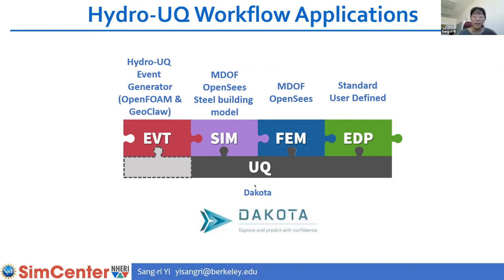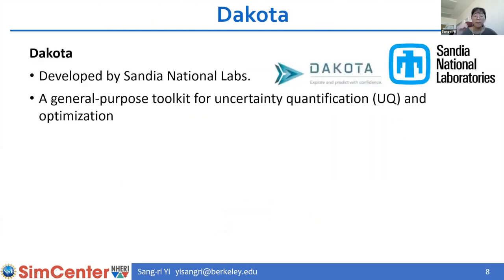Other than that, currently we have a UQ engine that is based on the Dakota application. Here I will give you a brief explanation of what Dakota is. Dakota is an independent software that is a general purpose toolkit for uncertainty quantification and optimization. It is developed by Sandia National Labs.